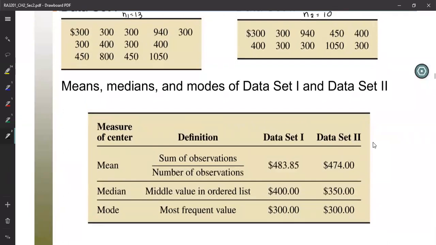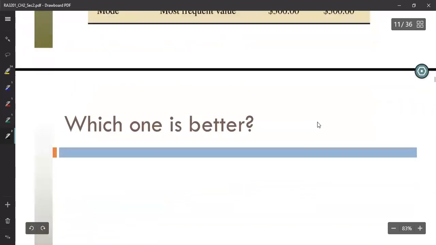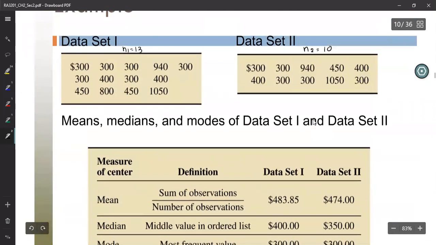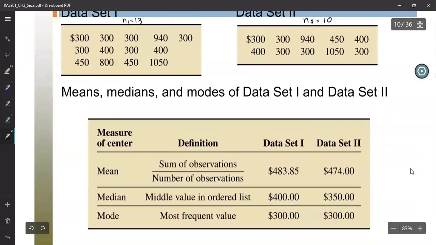Now, since you have 3 measurements to get an idea about a data set's central tendency, the behavior of the center of the data set, you have the mean, median, and mode. Now, what do you think? Which one is the best? Is it the mean, the median, or the mode? Any arguments on that?